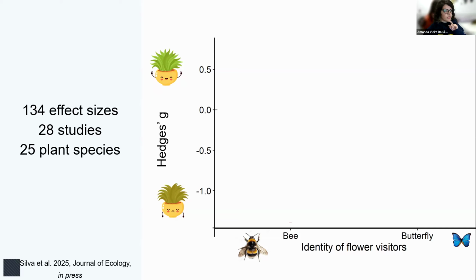And finally, for herkogamy, I measured the size of the gynoecium and divided by the longest stamen just to check this distance. And I measured all these floral traits in 600 specimens from 164 species. And currently in the phylogeny, we have 231 species. So I measured around 70% of the phylogeny.